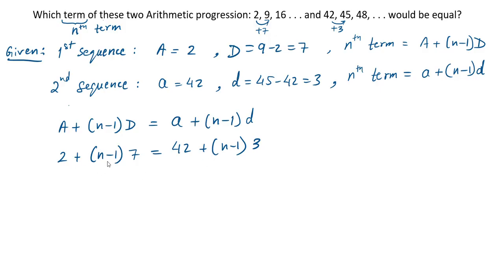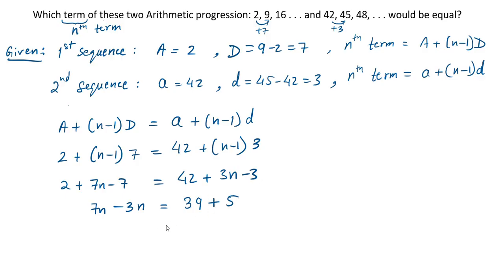So this is 7n minus 7, and here 3n minus 3. So from here we got 7n, and if we send this 3n to the other side, it will turn into negative 3n. Here we have 42 minus 3, so 39, and here 2 minus 7 is negative 5, and that negative 5, if we move to this side, it will turn into positive 5.